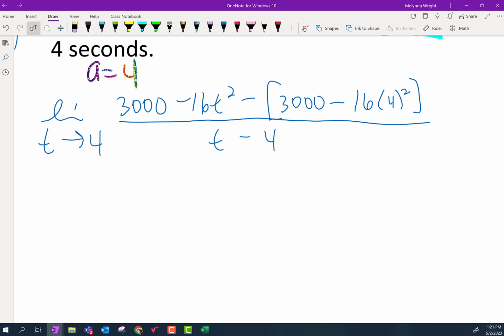so let's see. 4 squared is 16, and 16 times 16, 3,000 minus. So we've got just some arithmetic to do. And y'all know arithmetic is not my favorite thing, but it's okay. So once we do the 16 times 16 and 3,000 minus that number, we get 2744.